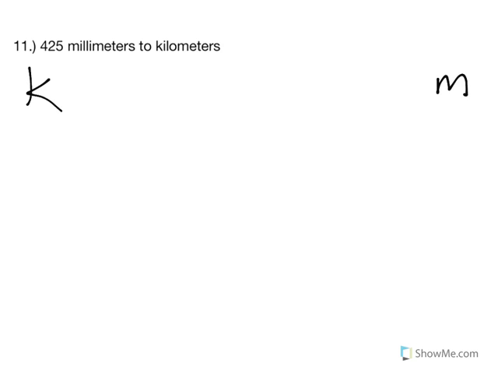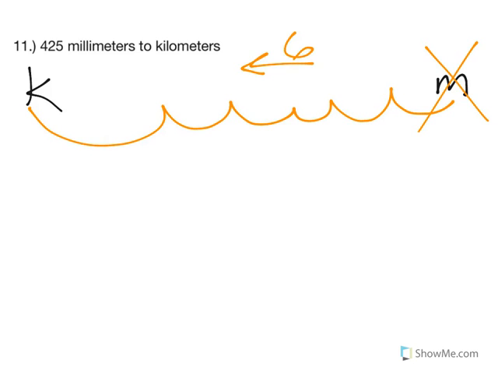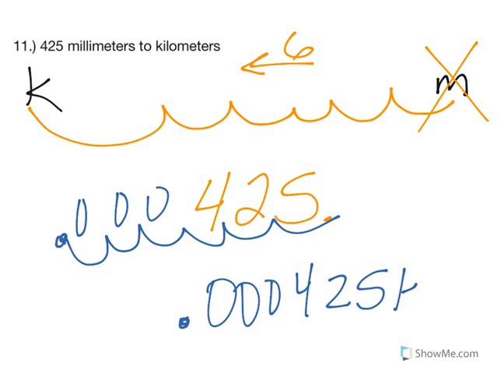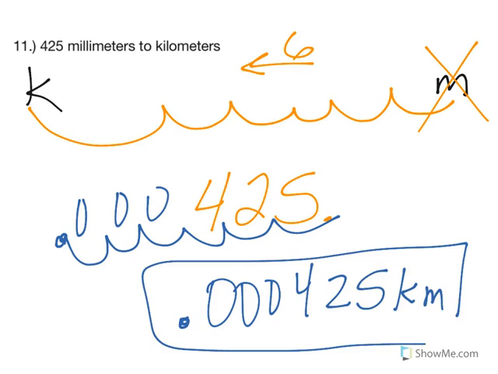Kilometers are way over here. So if I start at the m's, I've got to go 1, 2, 3, 4, 5, 6 places to the left. So in my number, 425, my decimal's at the end. 1, 2, 3, 4, 5, 6. 1, 2, 3 zeros in my humps. So 0.000425 kilometers. And there is that one.